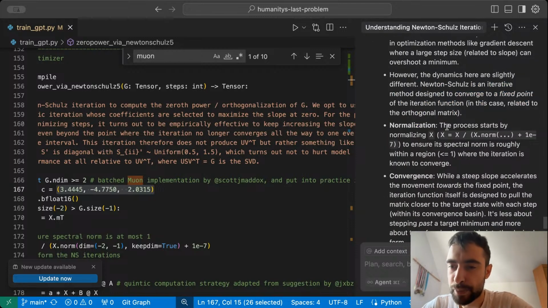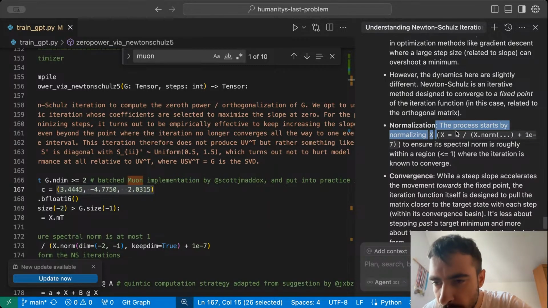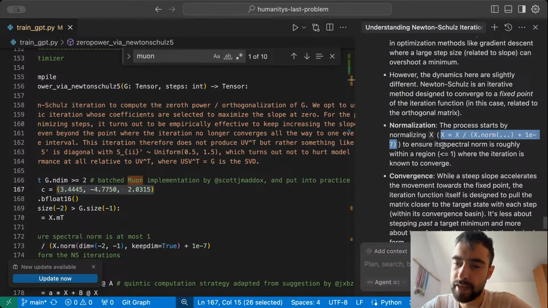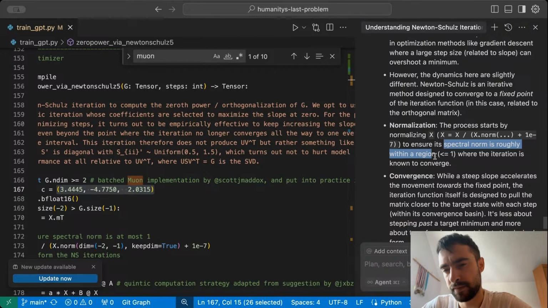Normalization. The process starts by normalizing x. I guess it means putting all of the values between 0 and 1 to ensure its spectral norm is roughly within a region. Yeah, between 0 and 1.